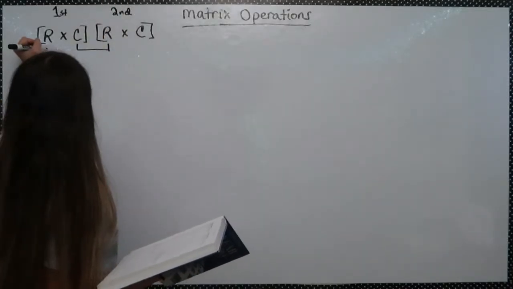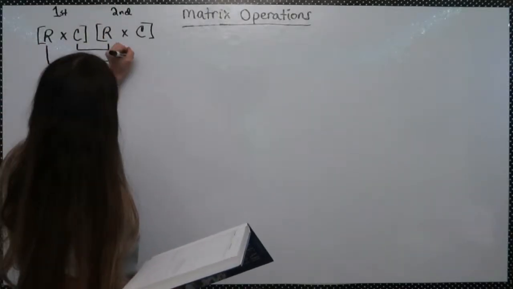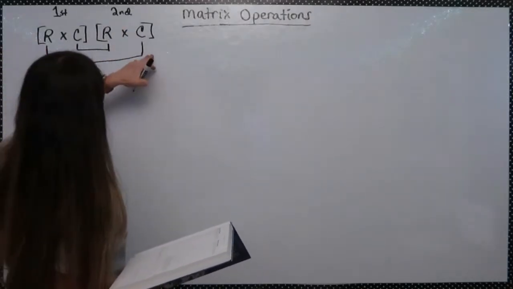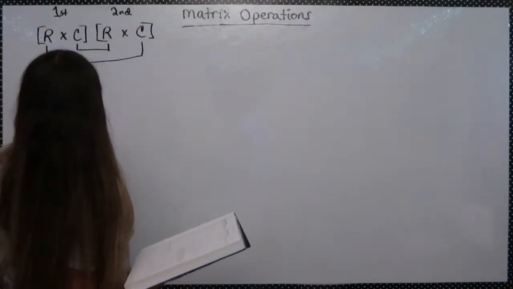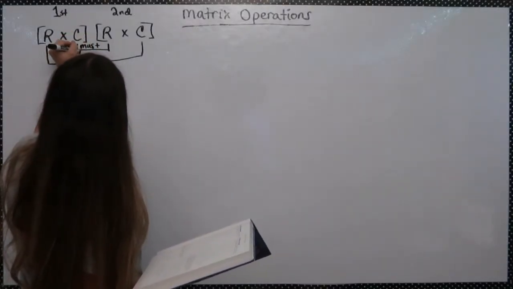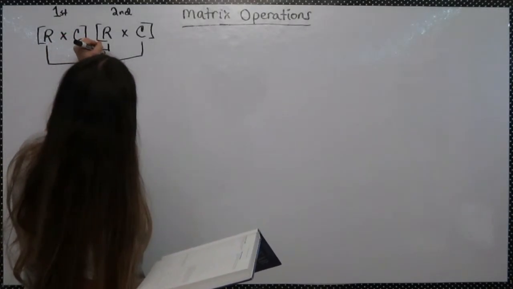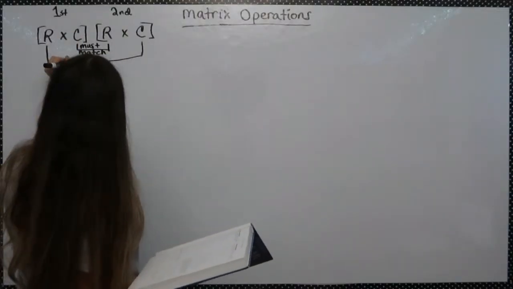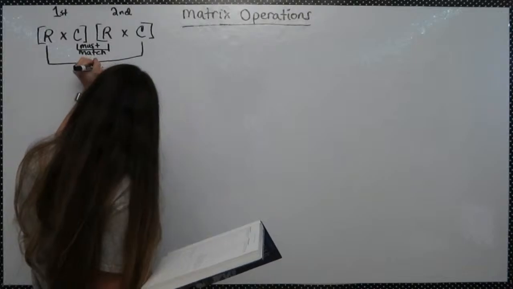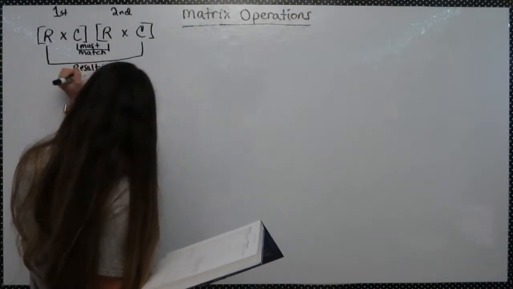And then the resulting matrix is going to be the outer one, the row times the column. So this is the result. So must match, and this is the result. I'll say resulting size.